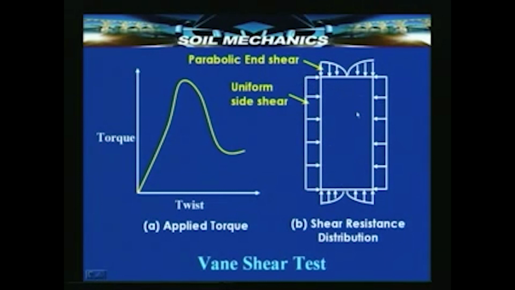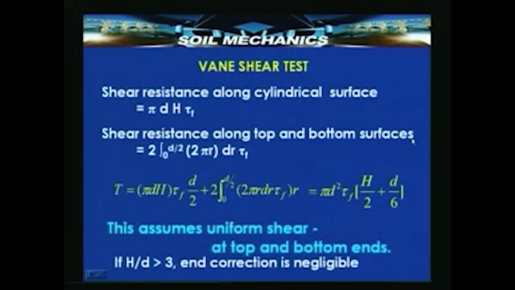The shear resistance offered by the soil is assumed to have a parabolic distribution. Now, how do we arrive at an expression at the time of failure? The shear resistance along a cylindrical surface is pi d h tau f.